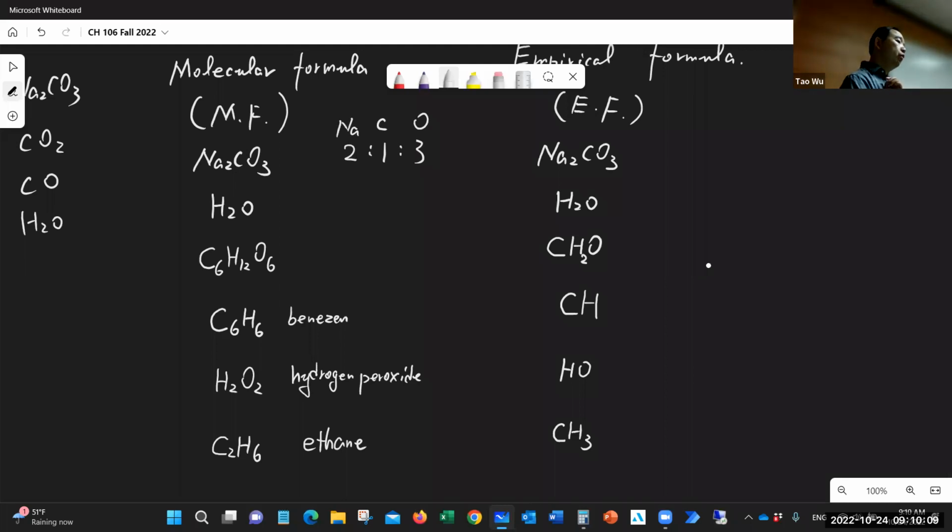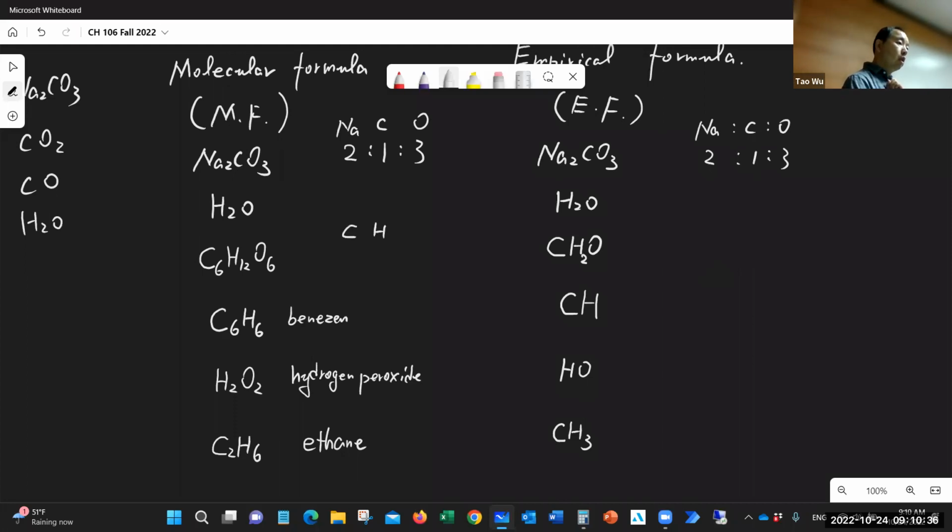So for the molecular formula, it is 2 versus 1 versus 3. And for the empirical formula, there's also sodium versus carbon versus oxygen, still 2 versus 1 versus 3, right?